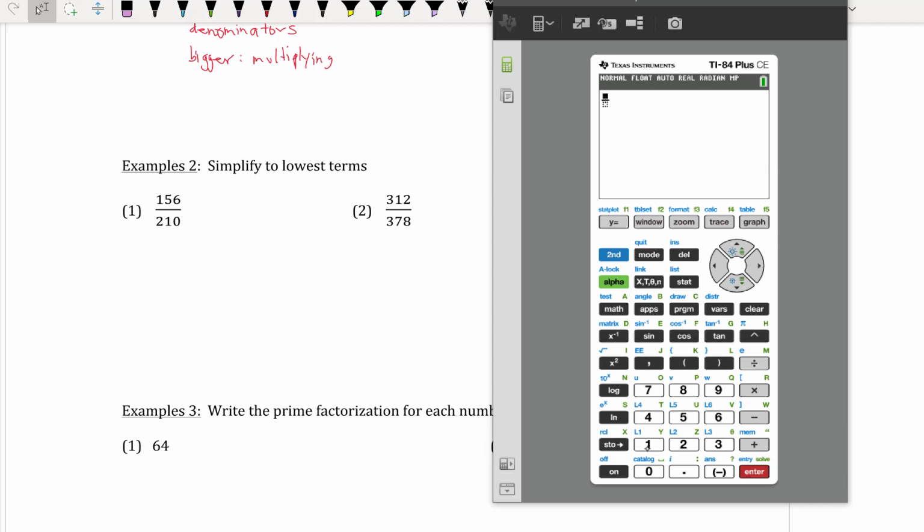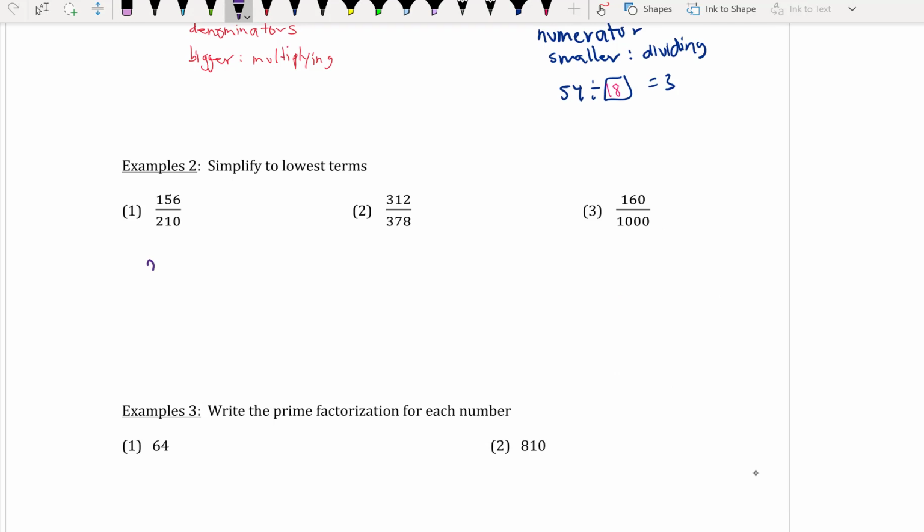So in my numerator, I'm going to have 156. I'm going to scroll down, and that's going to be 210. So 156 over 210, and it's going to give me the reduced fraction. That reduced fraction is going to be 26 over 35. And so that will be my answer for number 1.